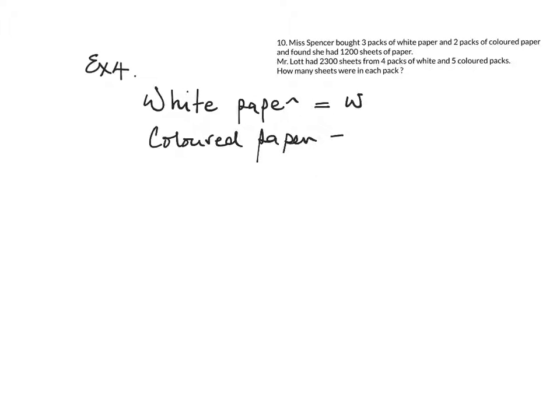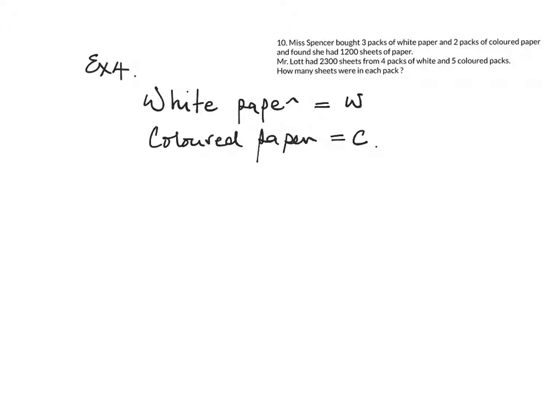Now what we could do is say white paper equals W, and coloured paper equals C.